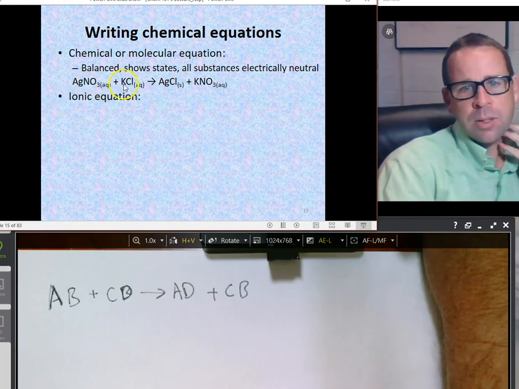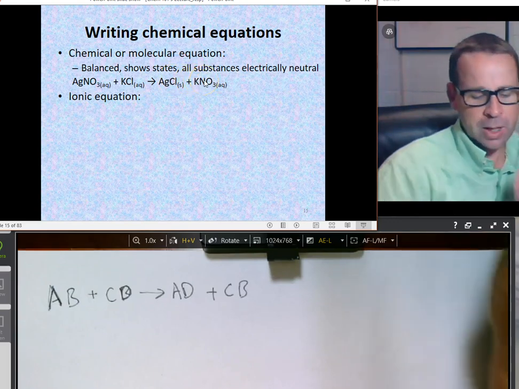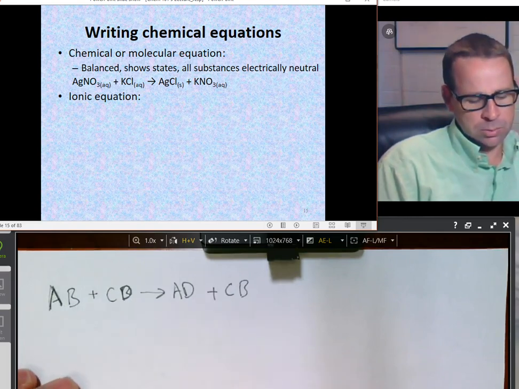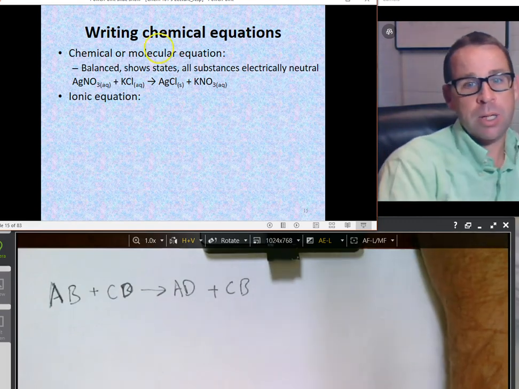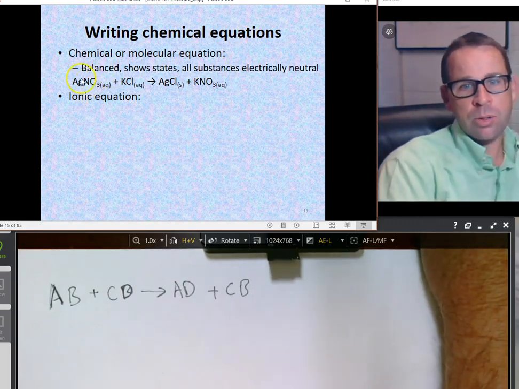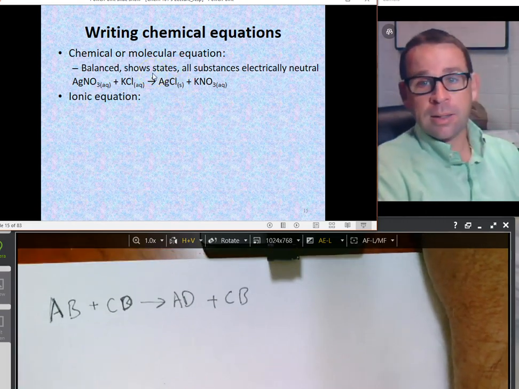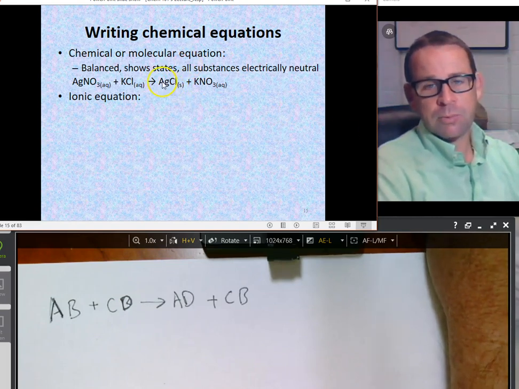Our A, B, C, D, and then A with our D, and C with the B. Okay? So this ABCD model here is one that you can identify pretty easily by looking at an equation like this. And usually these types of reactions occur because one of the products is insoluble, which means it's a precipitate, which is solid when it's formed.